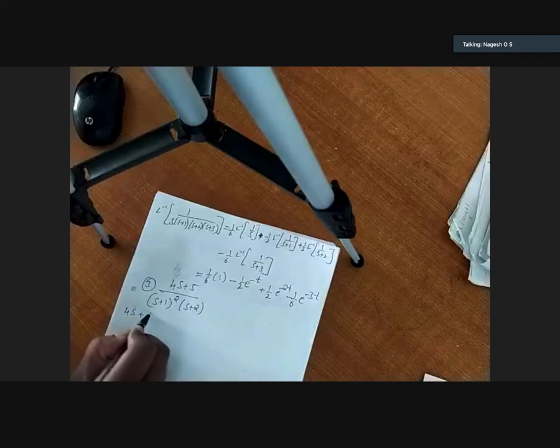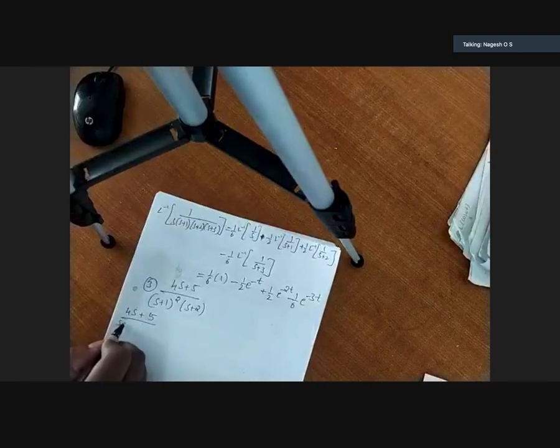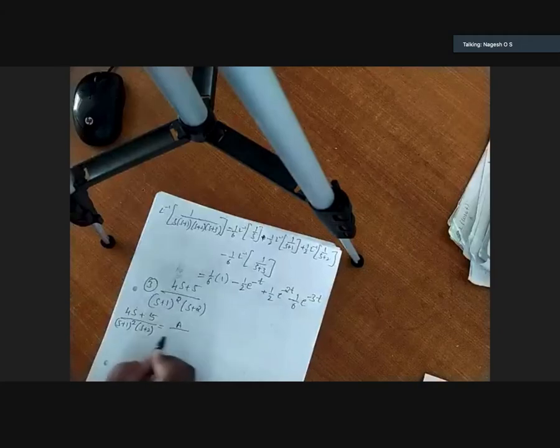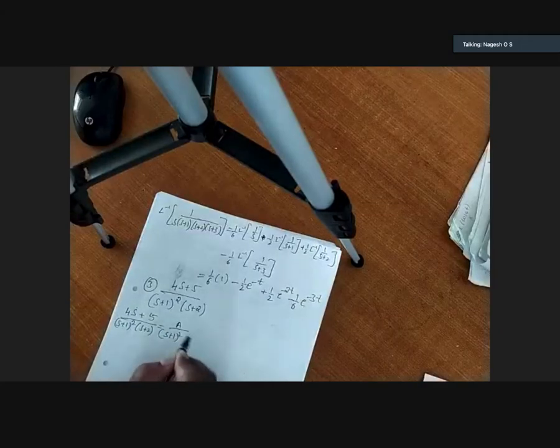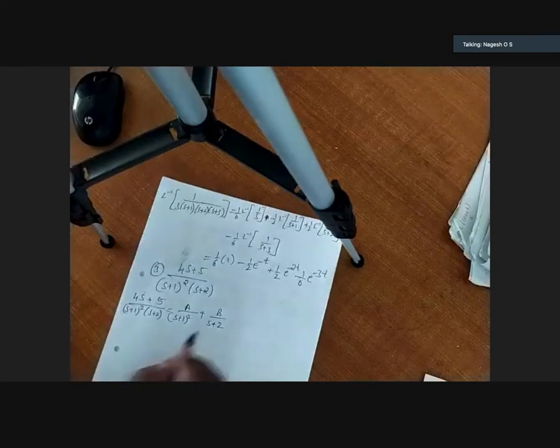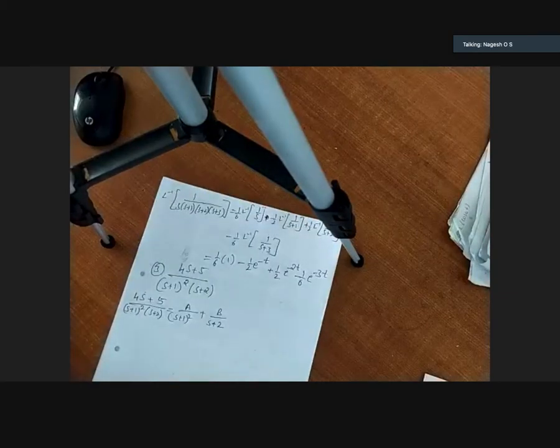4s plus 5 divided by s plus 1 whole square into s plus 2 is equal to a by s plus 1 whole square plus b by s plus 2. Is it correct?